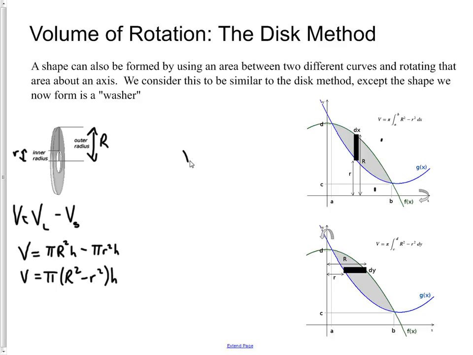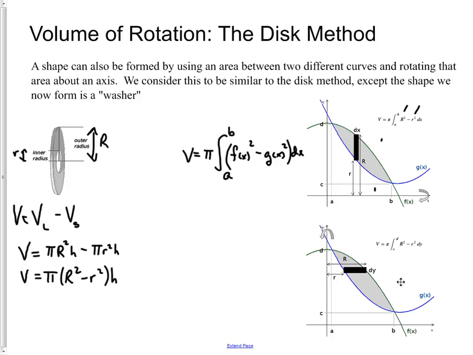So our volume in this case, where we're rotating about the x-axis, is going to be pi times the integral from a to b, where a and b form the limits of our intersecting curves, of our upper function, f of x, quantity squared, minus the lower function, g of x, again quantity squared, dx. So we're thinking of capital R squared as representing our upper function, and lower r squared representing our lower function.